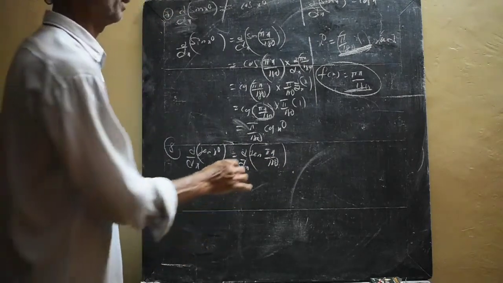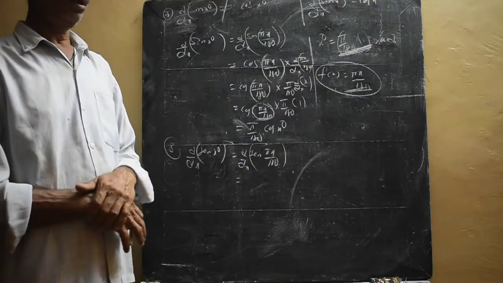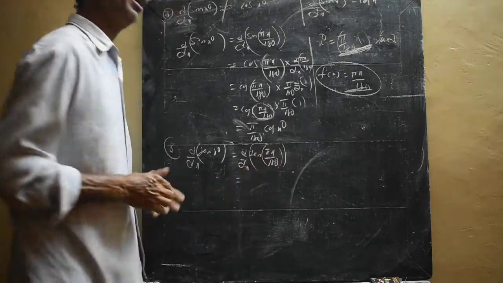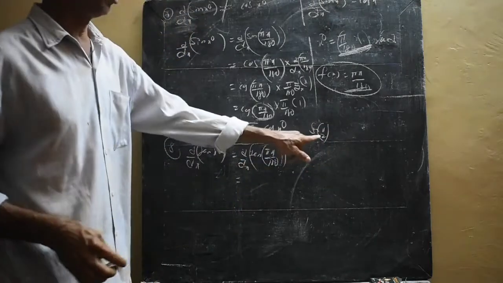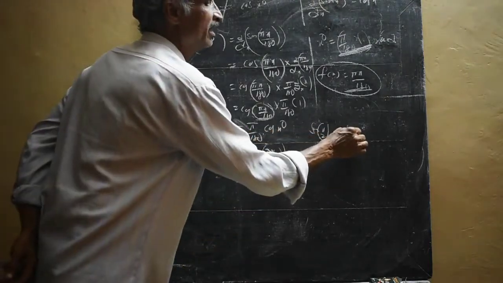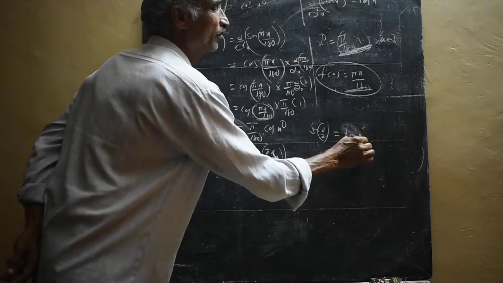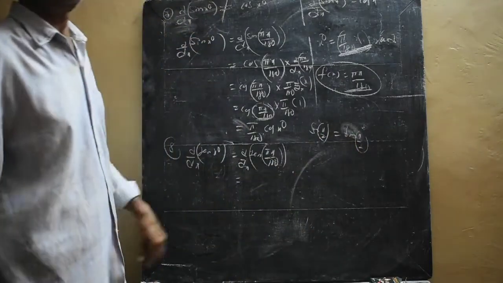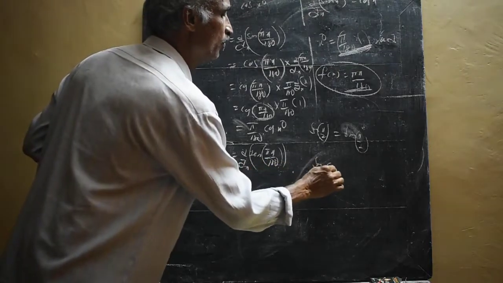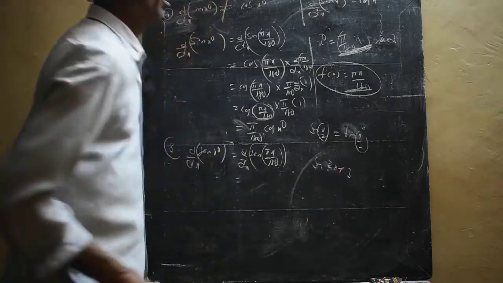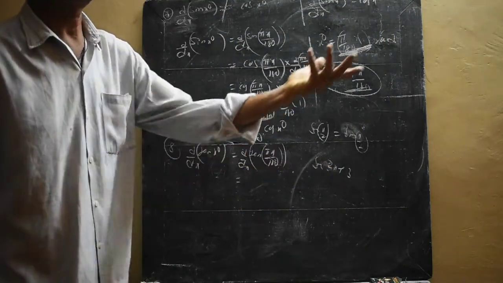Again, tan f of x differentiation, tan f of x. Actually here one bracket is taken, it's well and good. If it is not taken, it is understood. For example, sin x by 2, although it is in f of x form, you need not put a bracket. Only a single term is there, so it is sin x by 2. But if it is sin of 2x plus 3, and you do not put the bracket, it seems to be sin 2x is one term, and then 3 is a separate term.